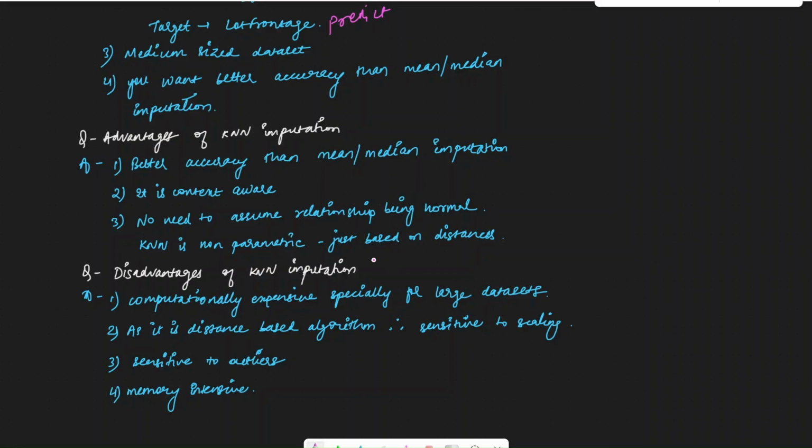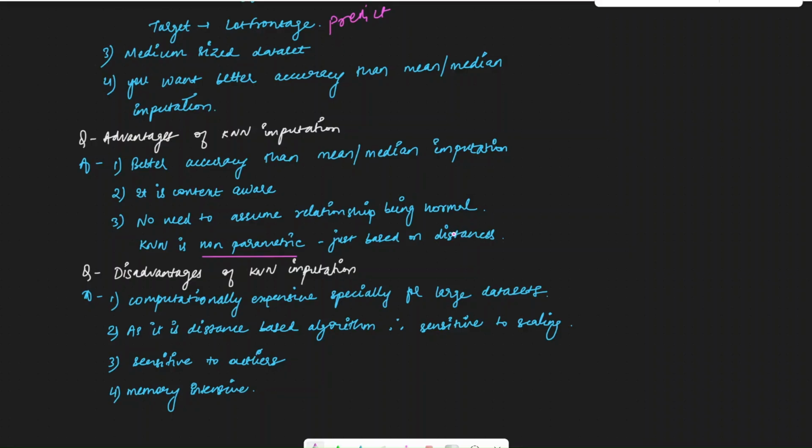For imputation with mean, we had to first assume that our data follows a normal distribution, and that's when we were replacing missing values with the mean. But here we don't have to make such assumptions. Why? Because KNN is a non-parametric algorithm, which means these kinds of assumptions are not required. KNN only uses distances for making these predictions. That's why these assumptions are not required.